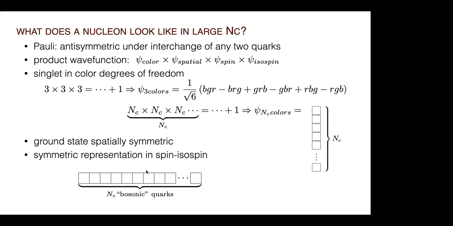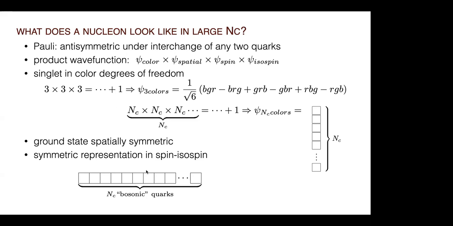One is the group theory, and the other is the imposition of the Pauli principle, meaning that all of these quarks, no matter how many colors there are, are spin 1/2 objects. And so they need to live in a wave function that is the nucleon, in a state that is antisymmetric under the interchange of any two quarks with all of the quantum numbers that label it.